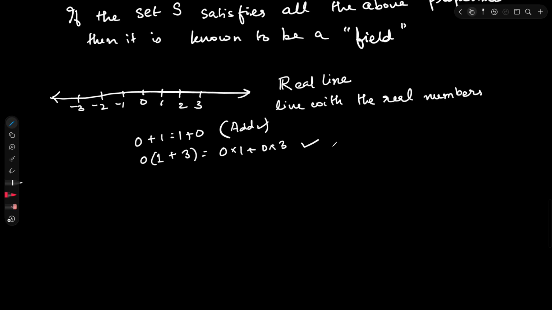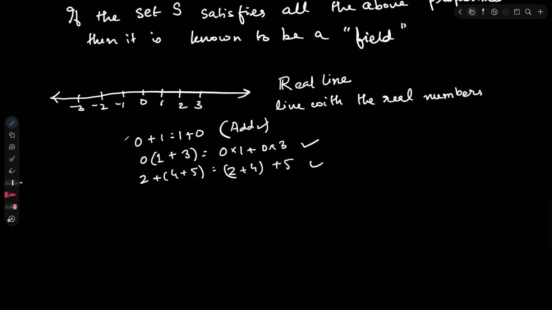That's also satisfied, that is the distributive property. Then with any numbers, like 2 plus (4 plus 5) equals (2 plus 4) plus 5. That's also right.